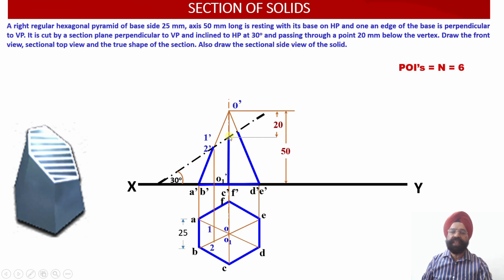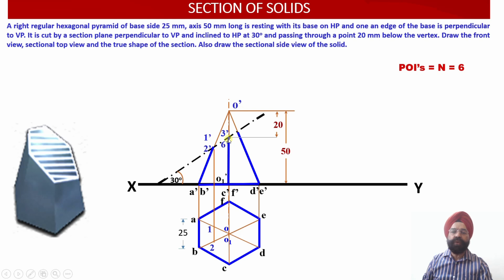Now let us work out the second couple of points, which are going to lie over here. Please check, my cutting plane intersects the slant generator O dash C dash at the point 3 dash. Similarly, O dash F dash is intersected by this cutting plane at the point 6 dash.